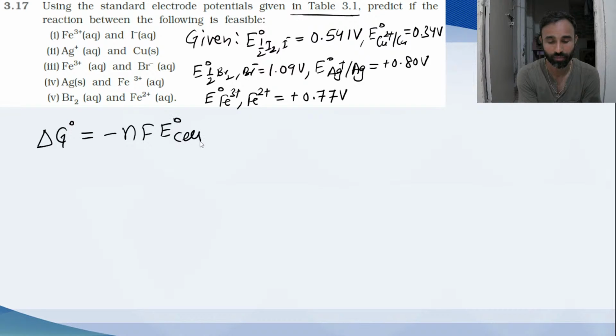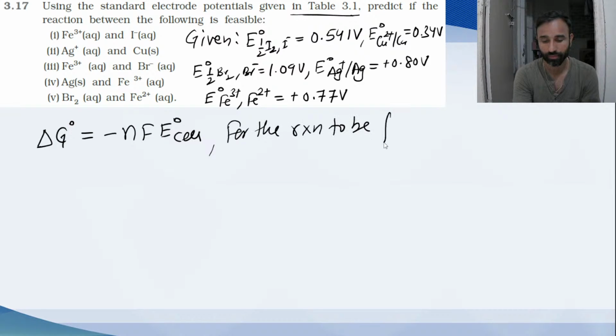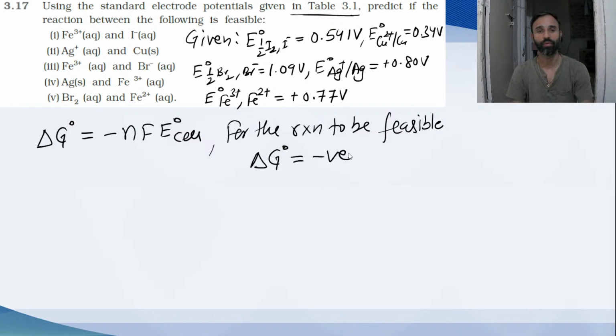For the reaction to be feasible, delta G naught is negative, so E naught cell should be positive.